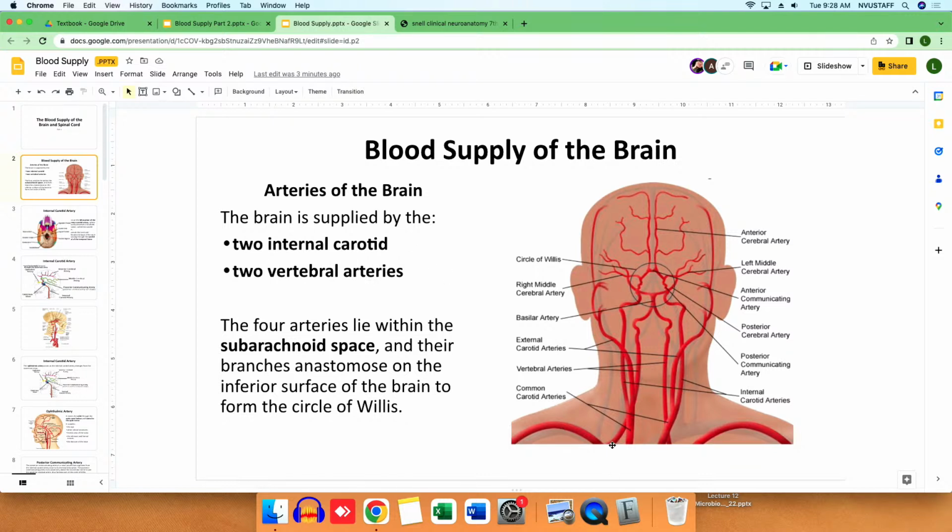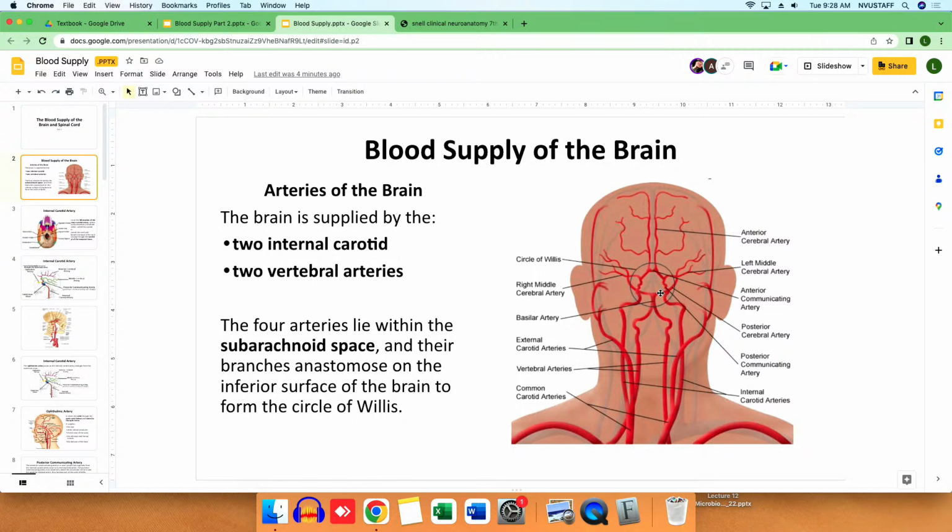Where do they come from? I said that we have two sources. Common carotid gave us internal carotid, and the subclavian is giving us the vertebral artery. So here you can find the vertebral arteries, which are passing towards the CNS.